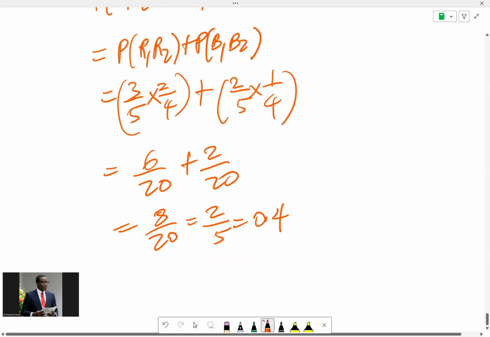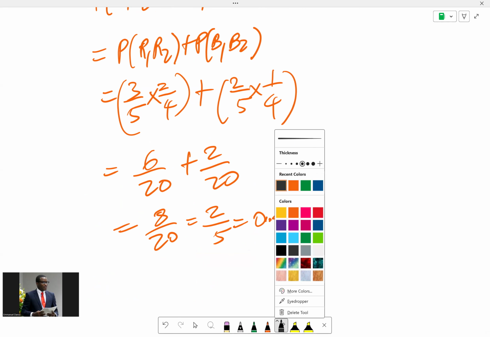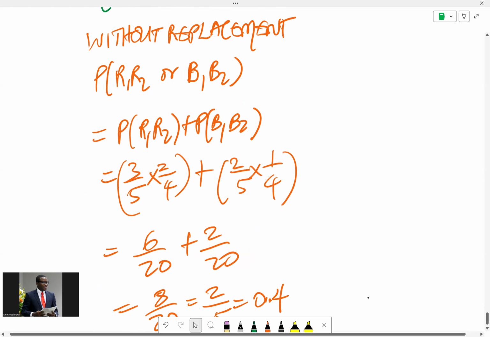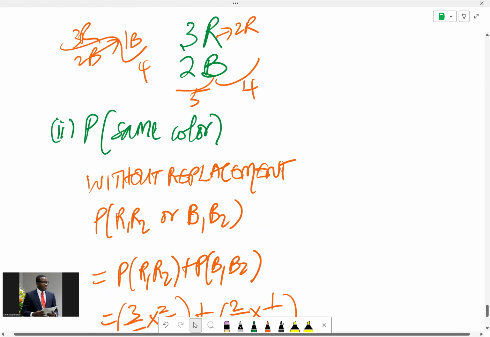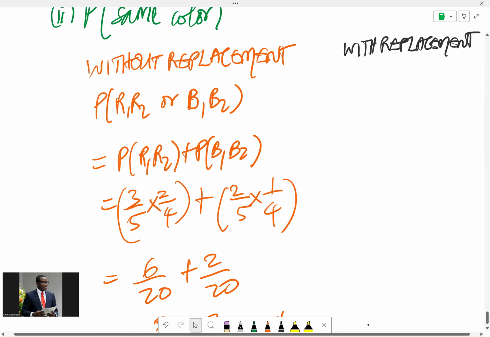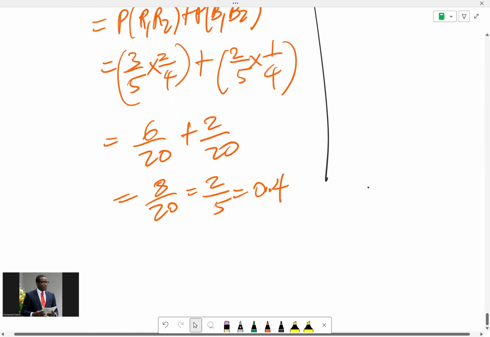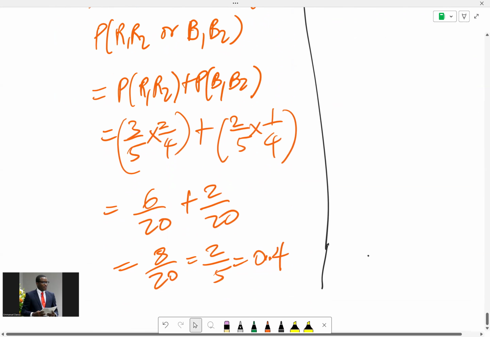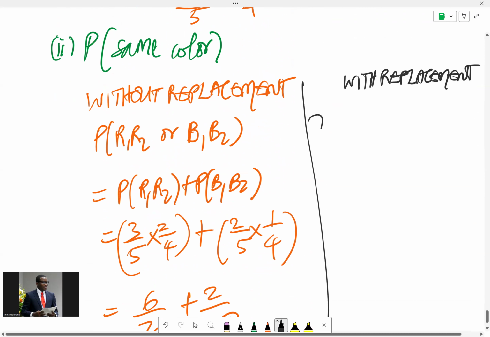That's 0.4 without replacement. If you do that with replacement, the total possibilities remain the same. It's just like you check the ball and you return it. So everything up to this point is the same, but when it comes to this place now, you just have 3/5.